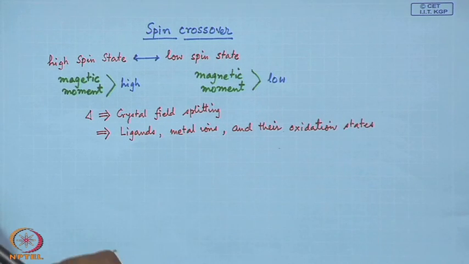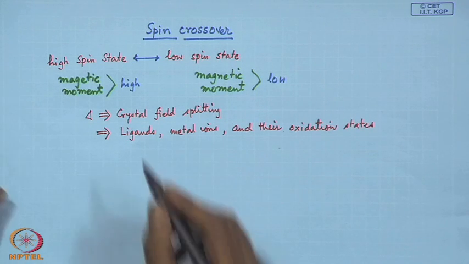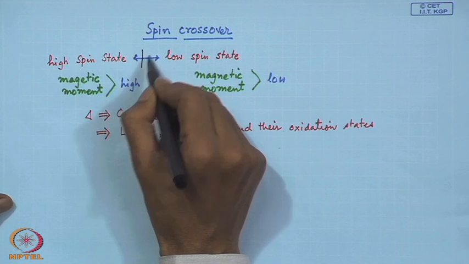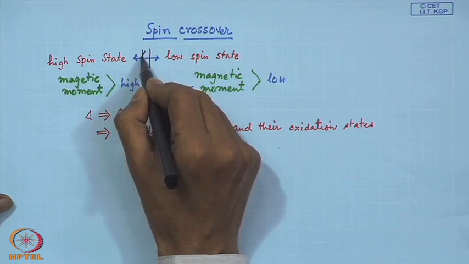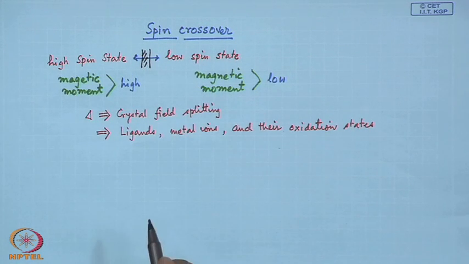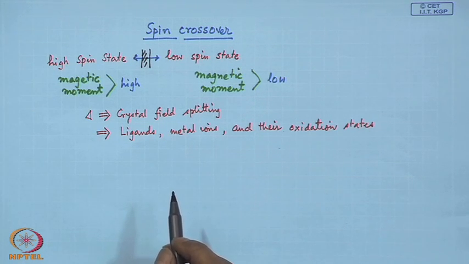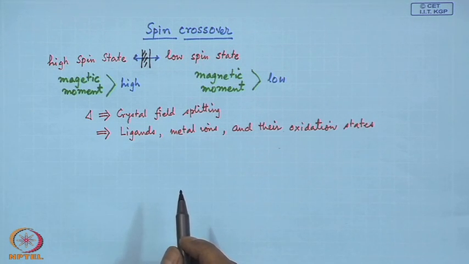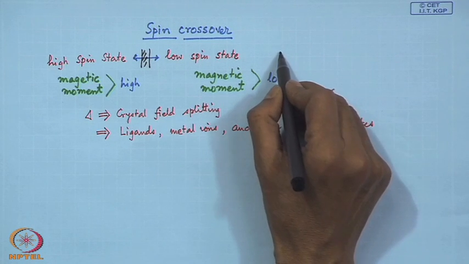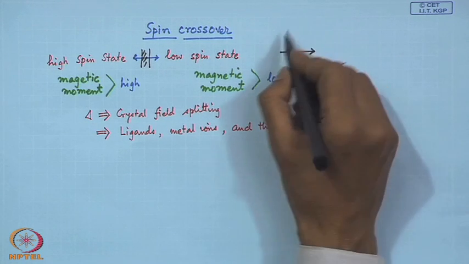They all play some important role and do contribute to the system where we find that at a particular region, say in this particular region, we do observe the changeover from a high spin state to a low spin state as we increase the temperature.